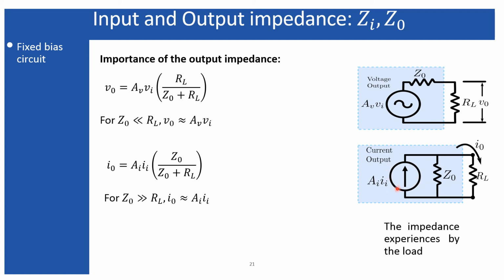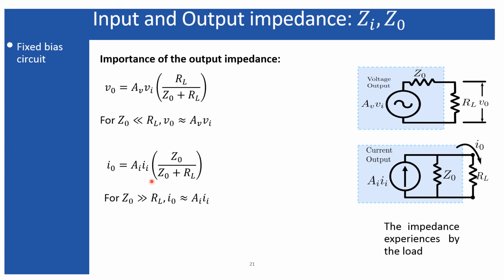So our purpose is to drive the entire amplified current through the load, but since there exists an output impedance, some part of the current may pass through its own output impedance. So this condition must hold, that Z naught must be very much greater than the load impedance. And if this condition holds, most of the current will be driven through the load impedance rather than its own internal output impedance.